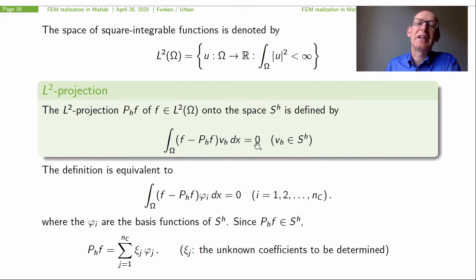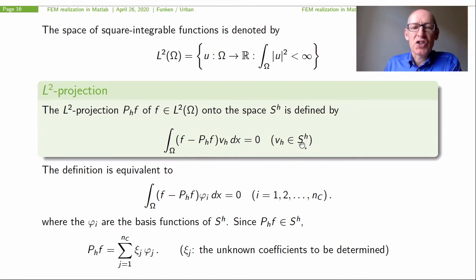That means the error you will make is orthogonal in the L2 product to the test space. Always think about it as just a projection onto this space in such a way that the error is orthogonal to the test space.